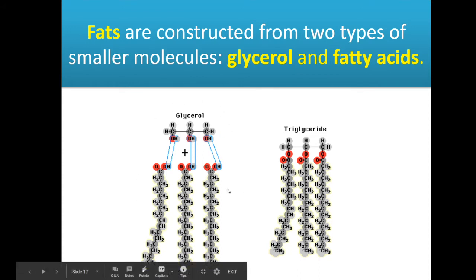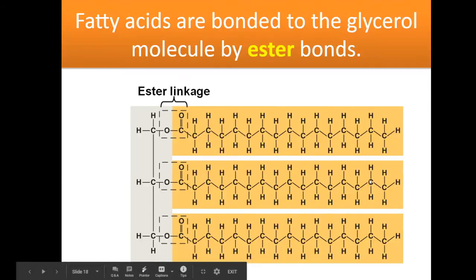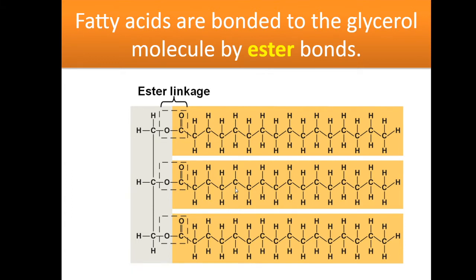The fatty acid chains are hydrophobic, they're nonpolar, so the fatty acid chains want to move away from water, and the glycerol wants to move towards water, and that allows us to create that very special plasma membrane or lipid membrane. They're linked together by these oxygen-to-carbon ester bonds. Peptide bonds were for proteins. Ester bonds are for our lipids.